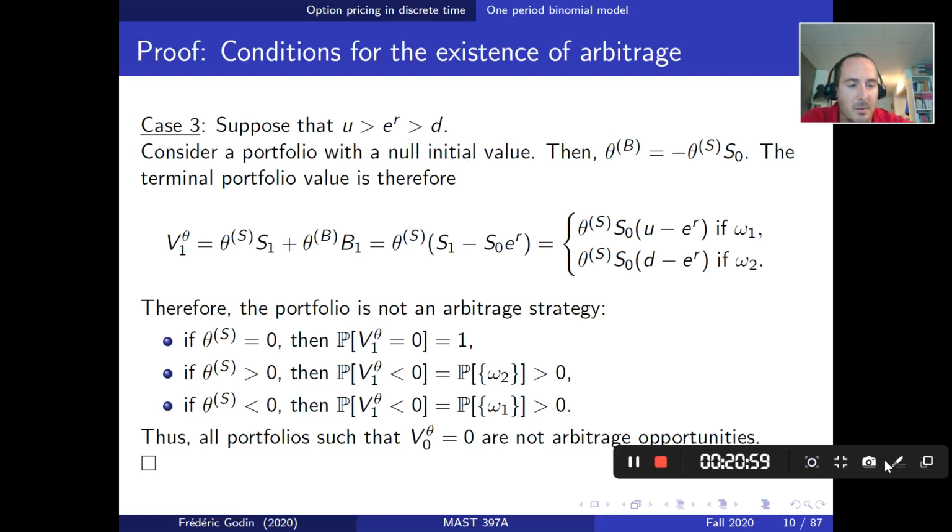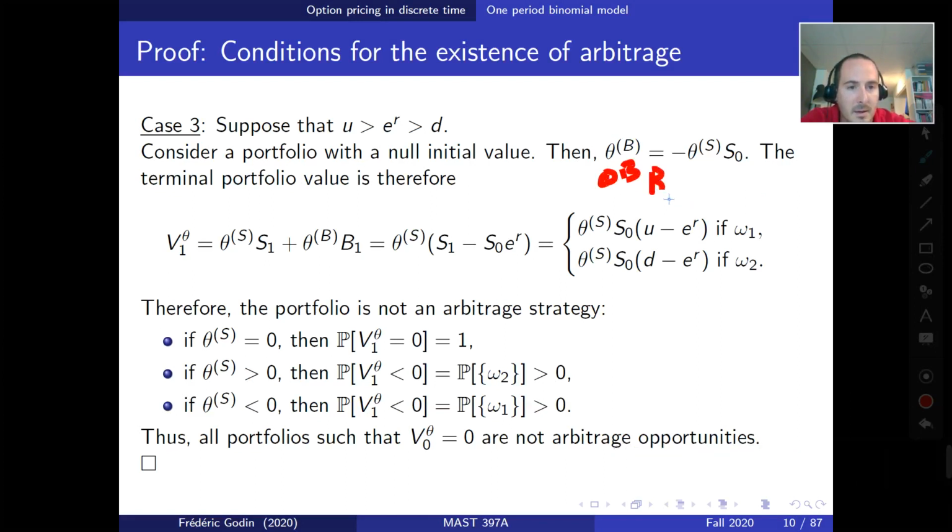maybe I'm going to write this. It means that theta B B0, this is a plus sign, plus theta S S0 is equal to 0.